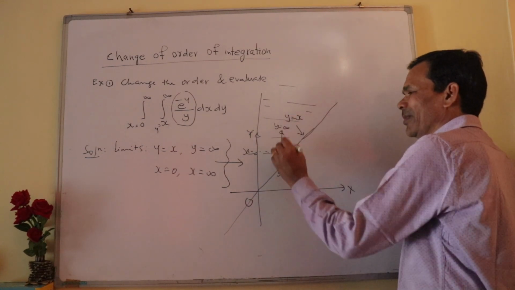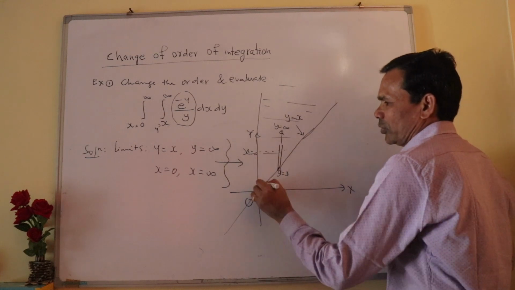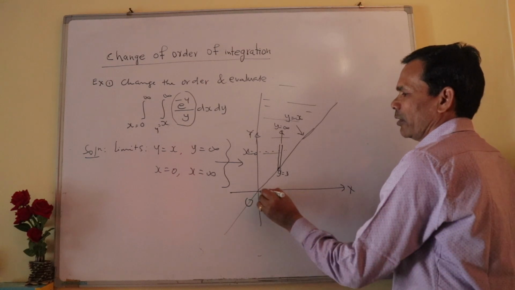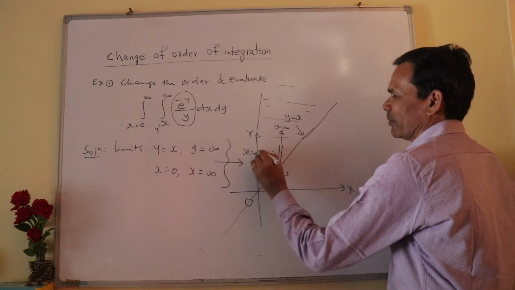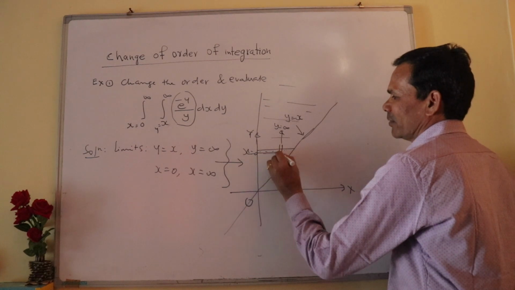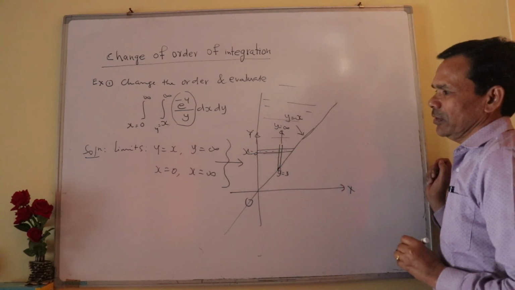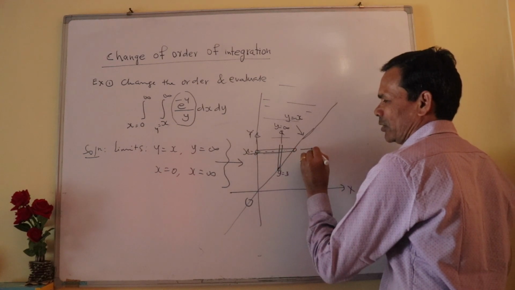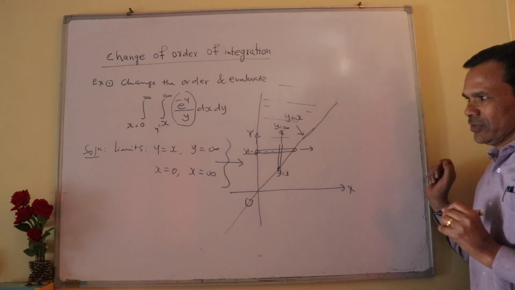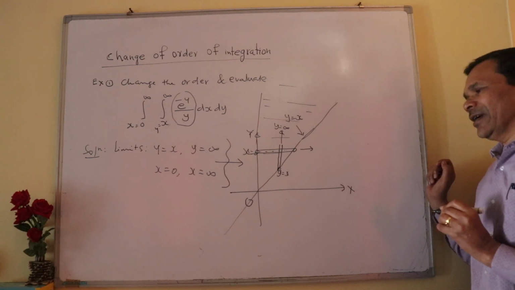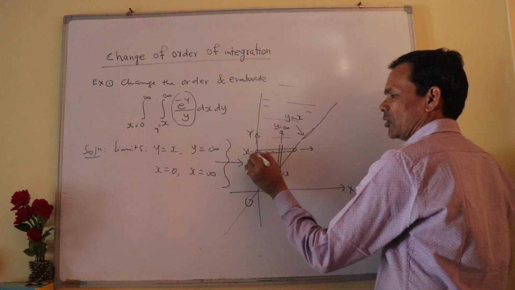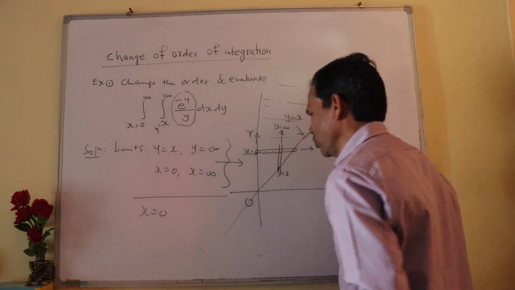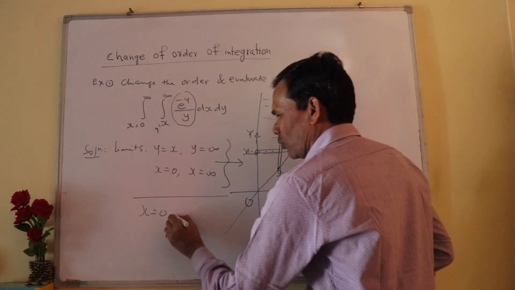Now what does changing the order mean? Earlier you moved the strip from x is equal to 0 to x is equal to infinity. Now you have to take the reverse strip. At this particular point I note the values of x, because x changes horizontally. Here x is equal to 0, and by changing the order, x goes from 0 to x is equal to y.